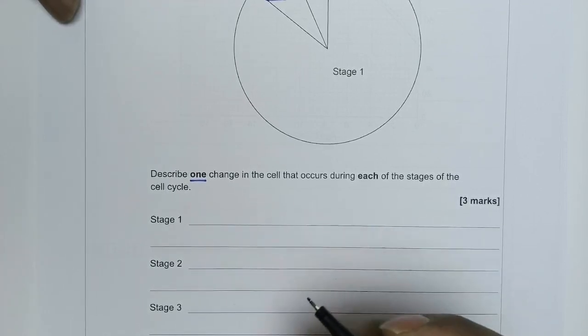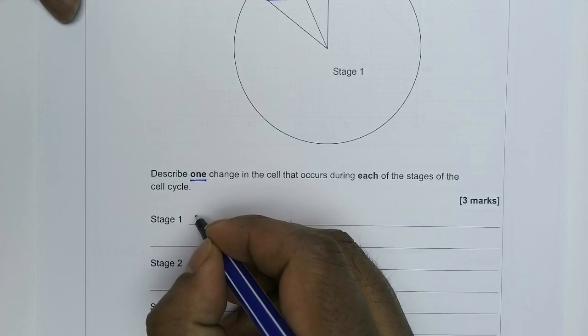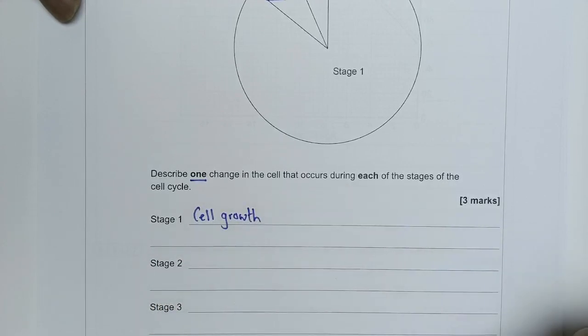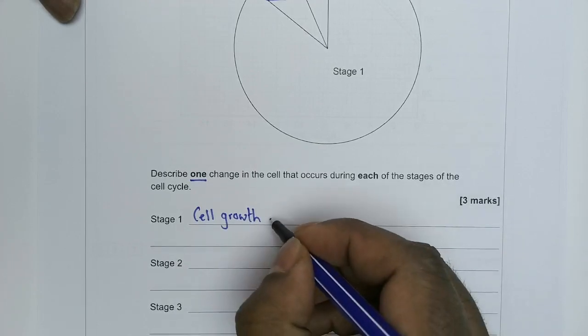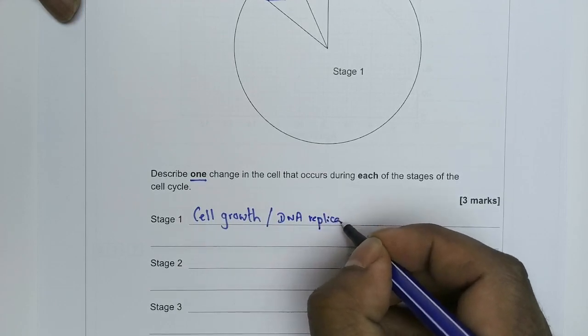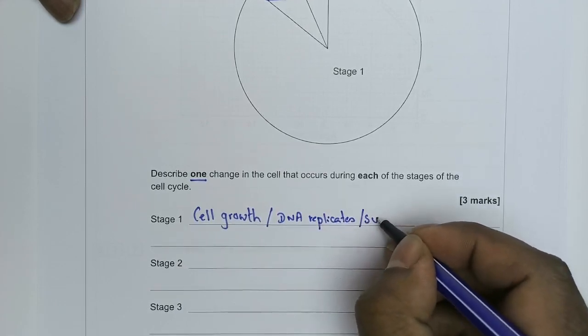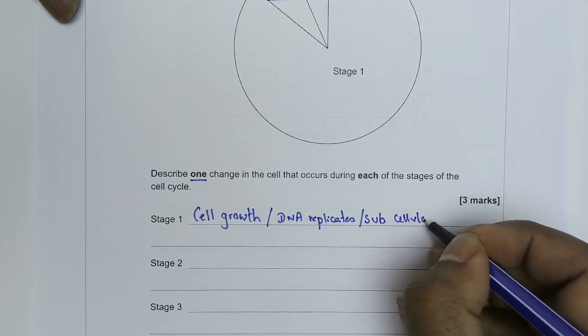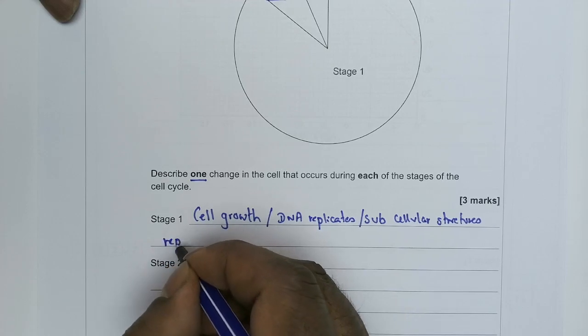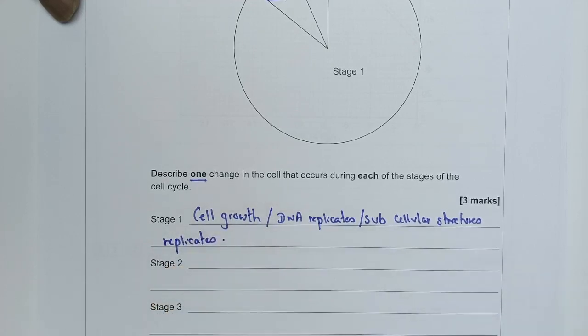Stage 1 is mainly cell growth. So during cell growth, you could say DNA replicates, or the subcellular structures replicate. Stage 2 is mitosis. This is when the chromosomes are separating out.